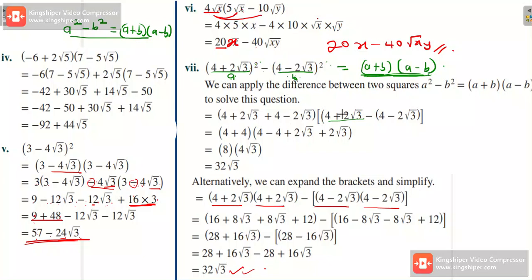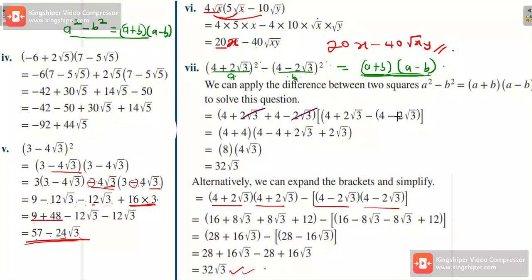So once you have gotten to this point, you can now simplify. So what did they do? We can just simplify. Remember that here is 2 plus root of 3 and here is 2 minus root of 3. So they will cancel out. Then we are left with 4 plus 4.